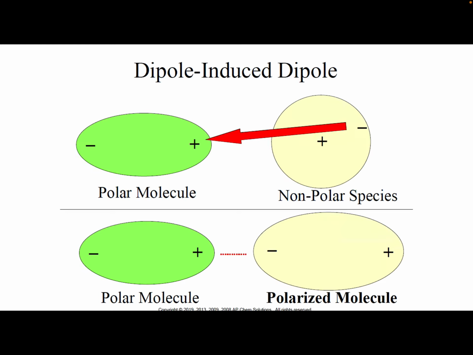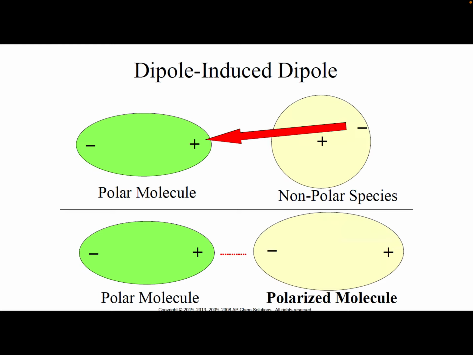It does not stay. The extra electron density will only remain on the side of the molecule that points toward the positive end of the polar molecule for a brief moment of time, because those electrons continue to move. So a moment later, they're going to realign. This increase in electron density is only temporary, but it's constantly recurring.